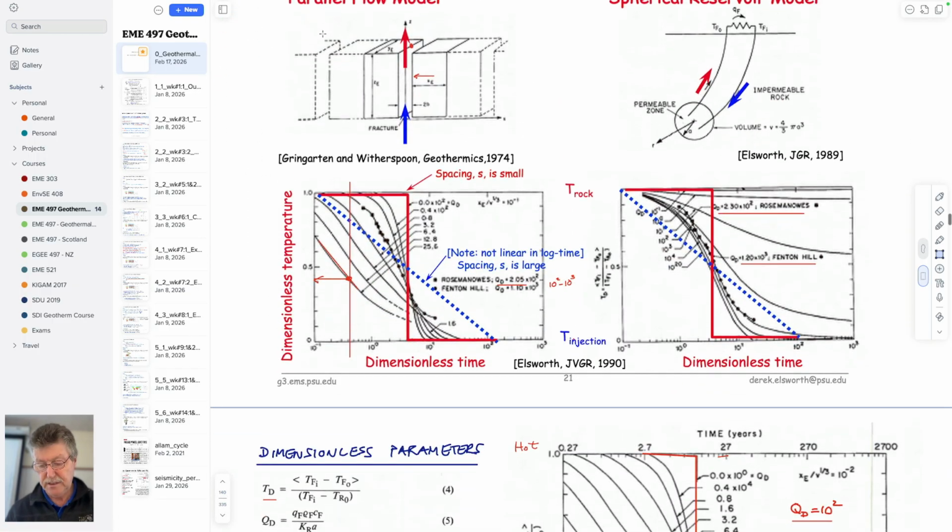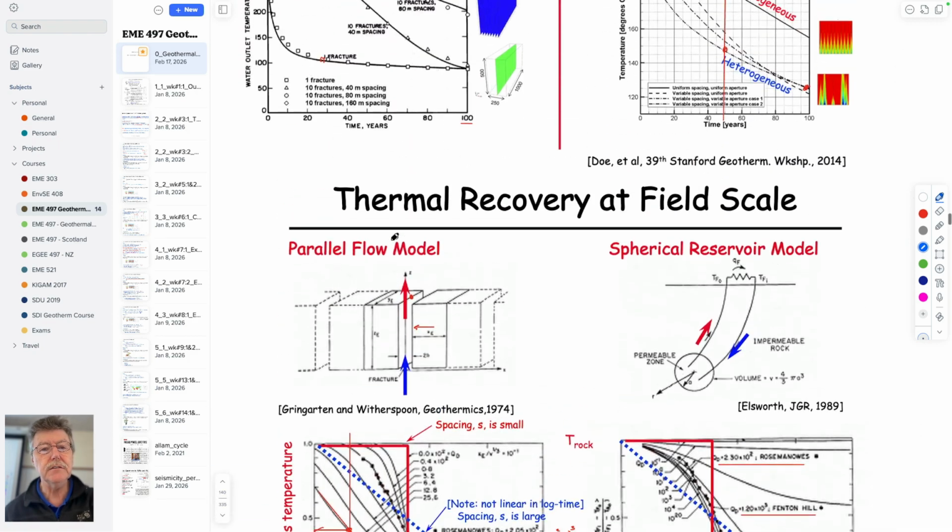This is what we talked about last time. I thought in retrospect, actually, I did a better job than I thought at the time. The idea is that for rigid media, and these analyses are for rigid media, with no thermal contraction as a function of cooling, you'd like to be able to operate where the reservoir has a sudden breakthrough and ends after 30 years, if this indeed is 30 years.